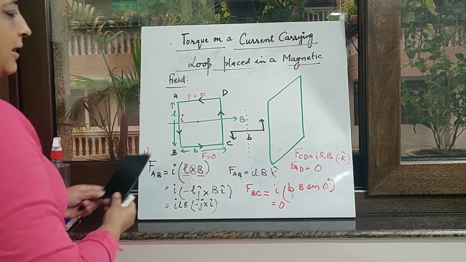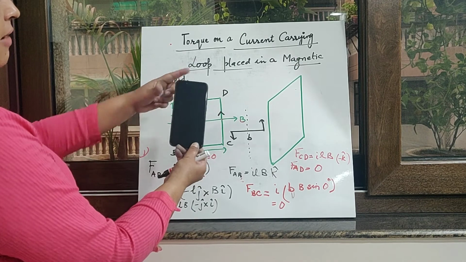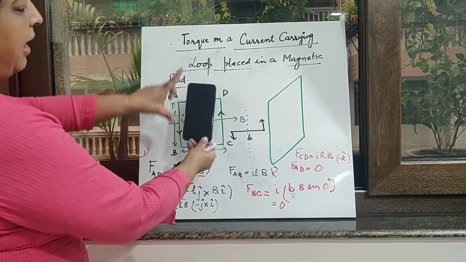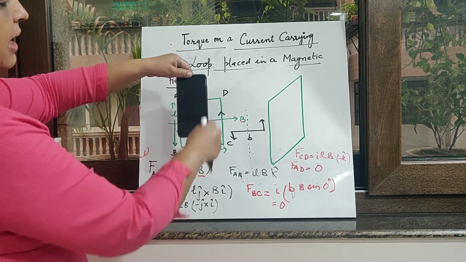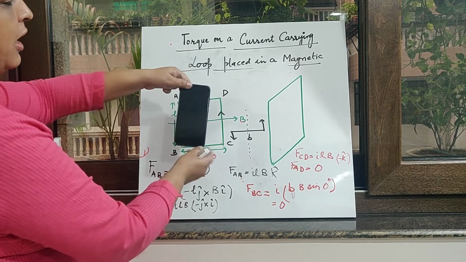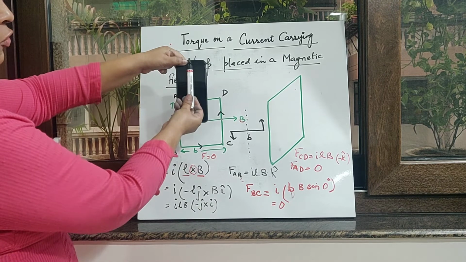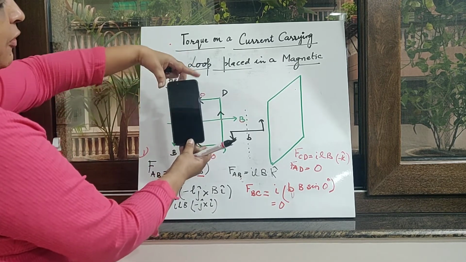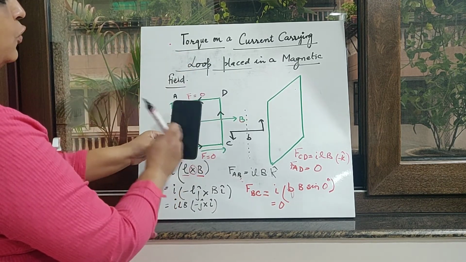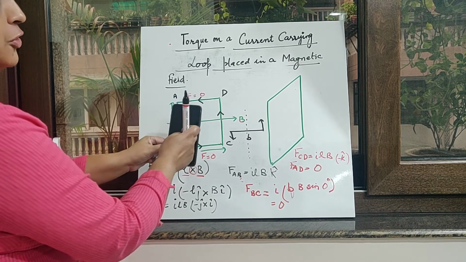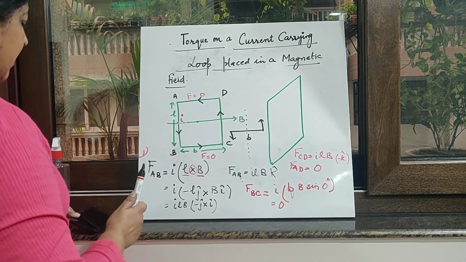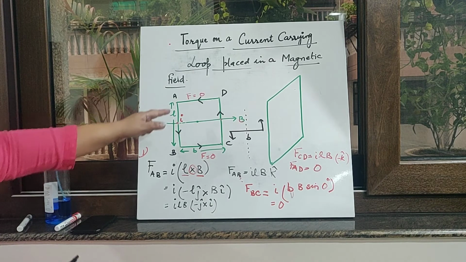So it is almost like this. This arm wants to come out, and this arm wants to go into the plane of the board. So this coil will rotate about an axis which will be passing through the midpoint. So this will rotate like this. Hence these two forces will constitute a couple, and a couple will always exert a torque.